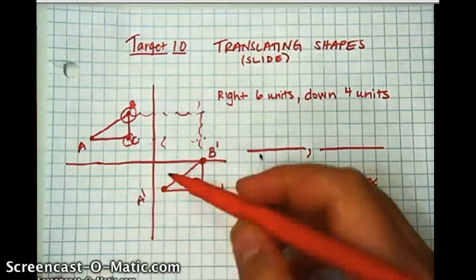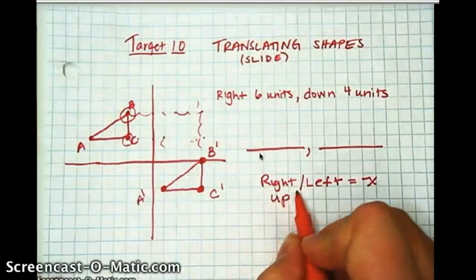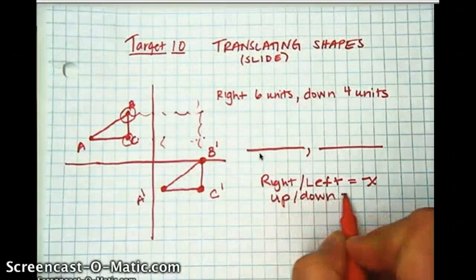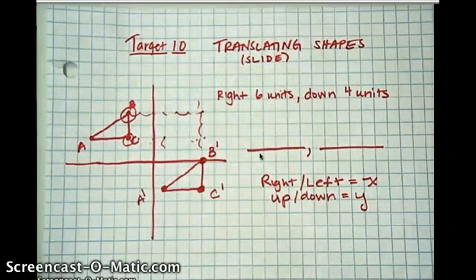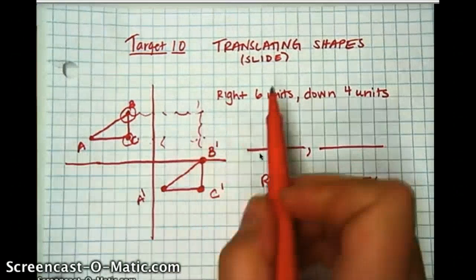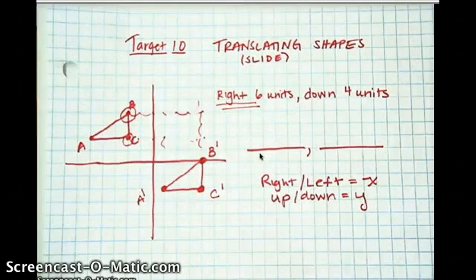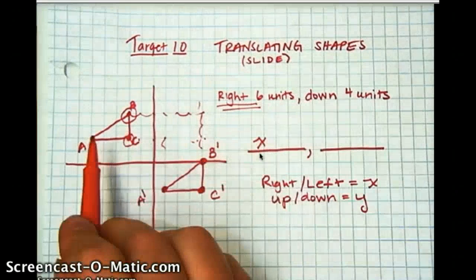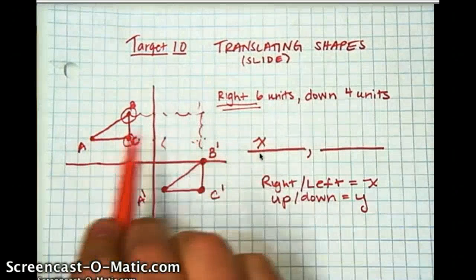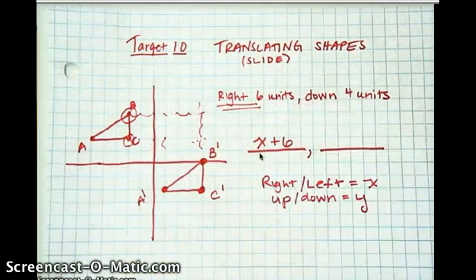Okay? Whenever you're going up or down, you're moving in the Y direction. Okay? So if I look at this one, in the X direction, I went right 6. Well, what does that mean? That means I took my X's, and if I'm going to the right, I'm going in a positive way, I added 6 to all of my X's.